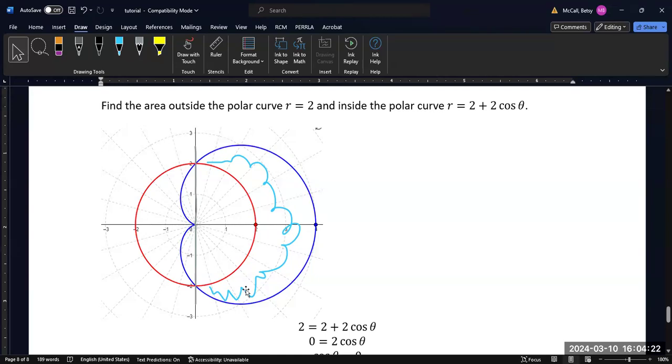So it's always important to draw these curves, to be very careful about how you set them up, and make sure that, in fact, the region that you want is actually fully contained inside the angles that we're working with.